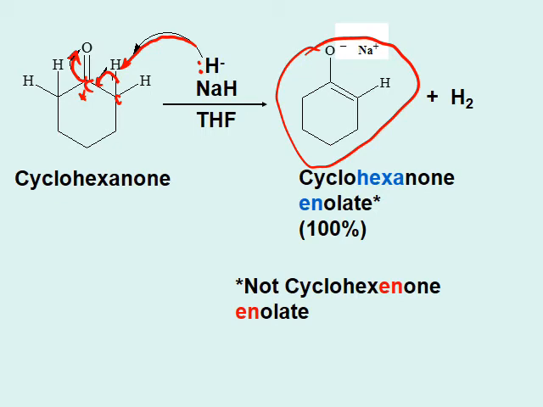So this is called cyclohexanone enolate. An enol would have H here. Since we don't have H here, it's called enolate ion. We don't call it cyclohexenone because that would be wrong, because we are calling it enolate. That itself has 'en' and 'olate'. 'En' means having a double bond, so we are already naming it that way.